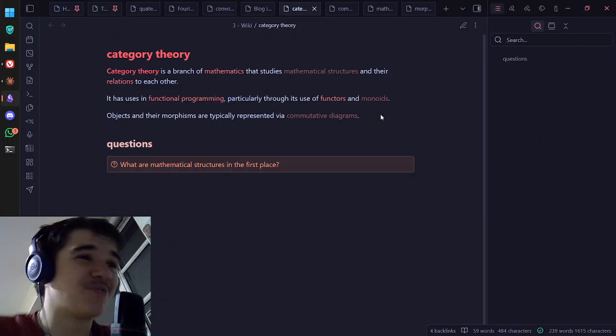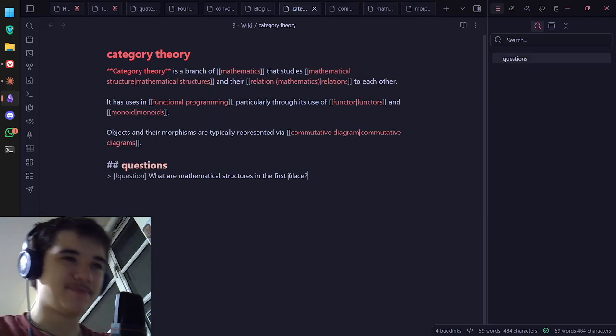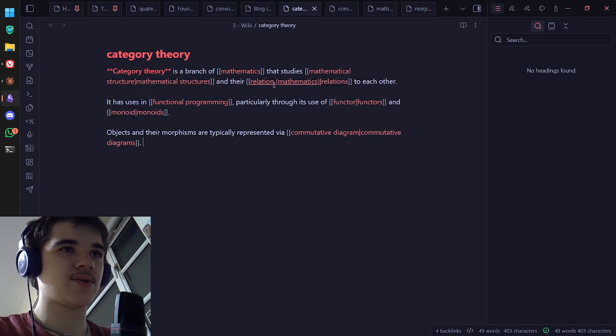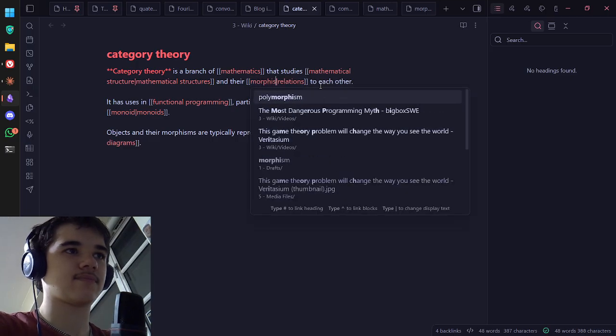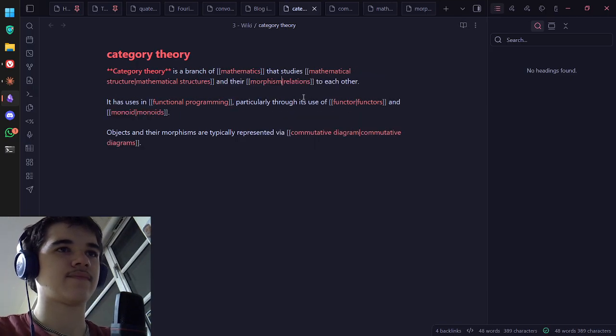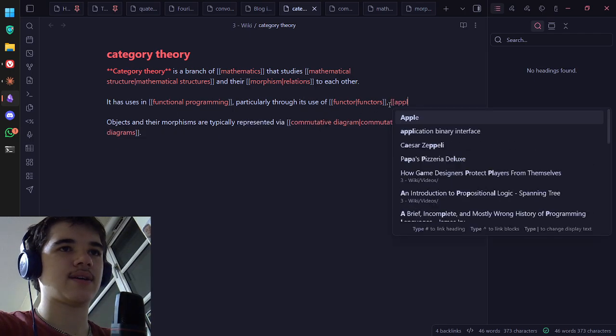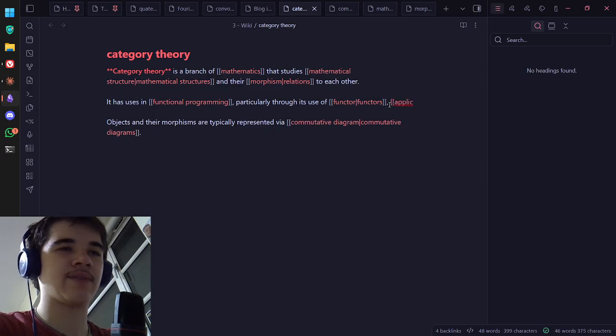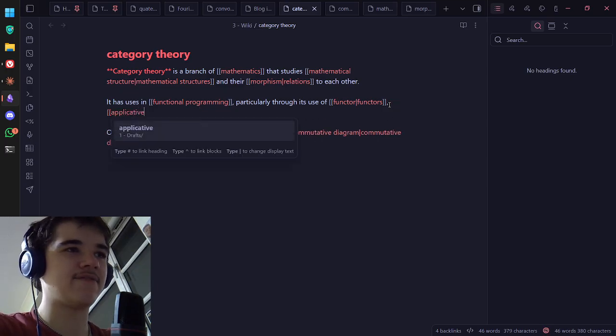I took like no notes on actual category theory, but I did answer this question. So instead of relations here, let me change this to morphism. Of functors, applicative. That's not what I did.